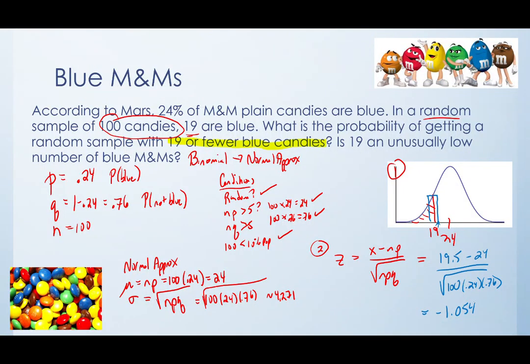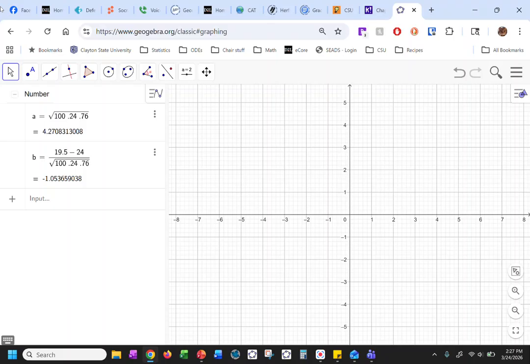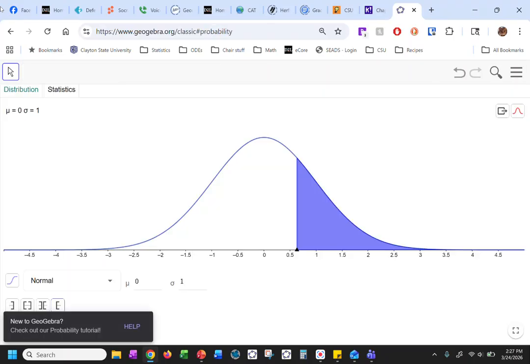And I've kind of run out of room here, so we're going to do our third part up at the top. So we're doing the probability of 19 or fewer. We've got our z-score, and we're going to go back to GeoGebra. Go to our probability calculator, keep it on this, right?